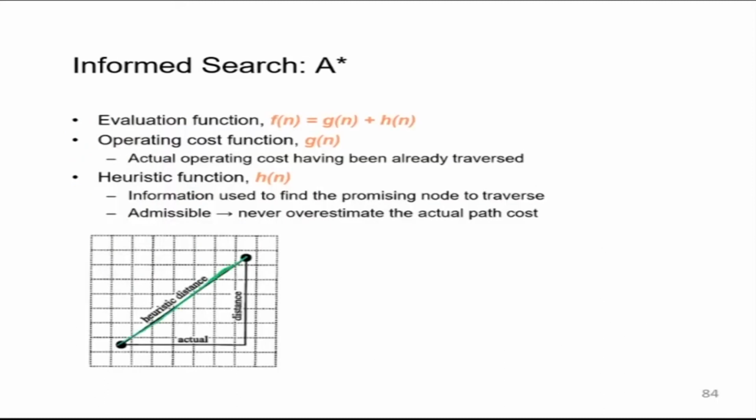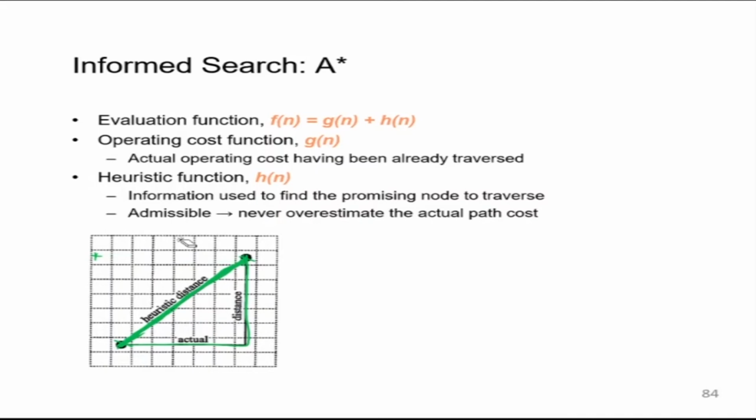So this is my heuristic distance. This is the actual distance, which is the Manhattan distance, and the heuristic distance is this distance. From this node to this node, this is my distance. If I talk about this node to this node, the distance could be more.